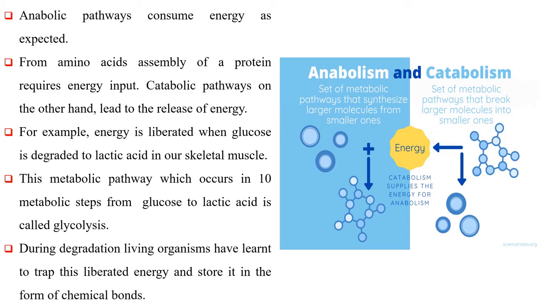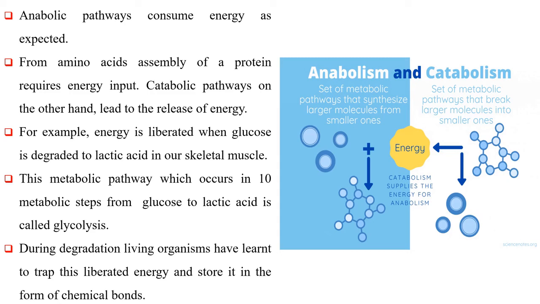Catabolic pathways, on the other hand, lead to the release of energy. For example, energy is liberated when glucose is degraded to lactic acid in our skeletal muscle. This metabolic pathway, which occurs in 10 metabolic steps from glucose to lactic acid, is called glycolysis.